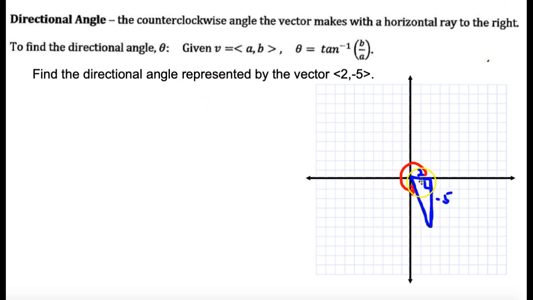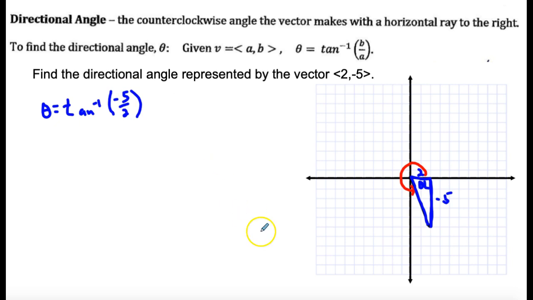And what I want to find is this angle right here. So let's call that theta. Well, to find theta, we know the opposite side and we know the adjacent side in this triangle. So we can say theta is going to be equal to the inverse tangent of -5 over 2.